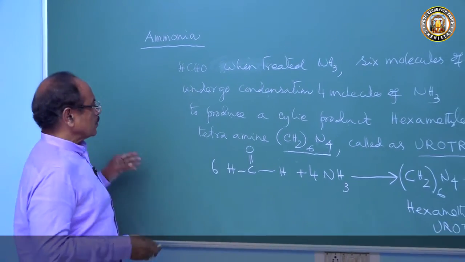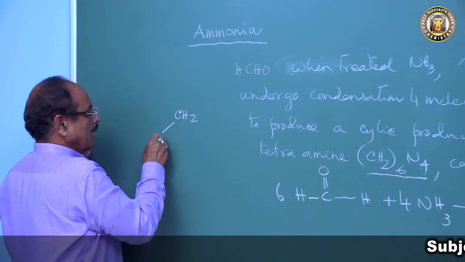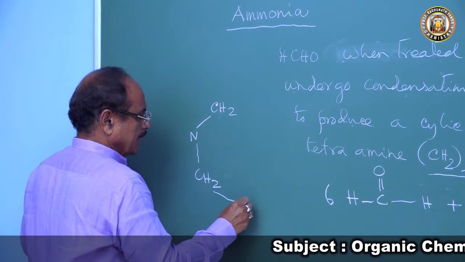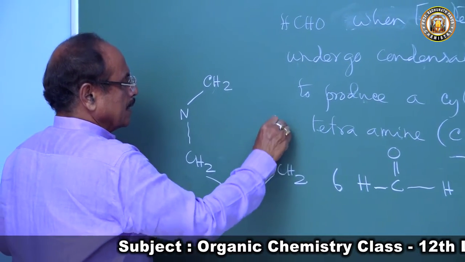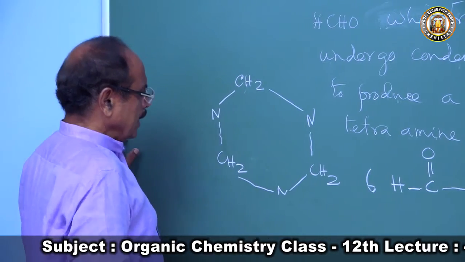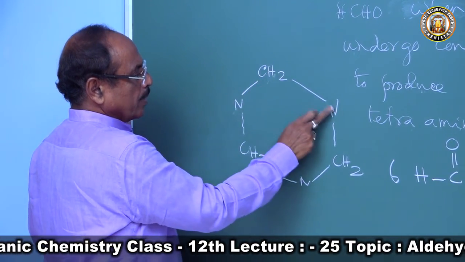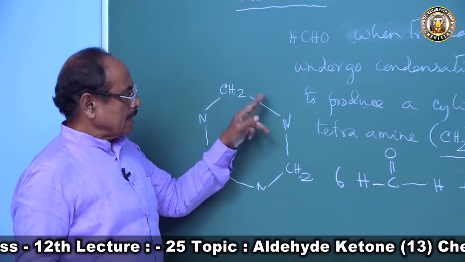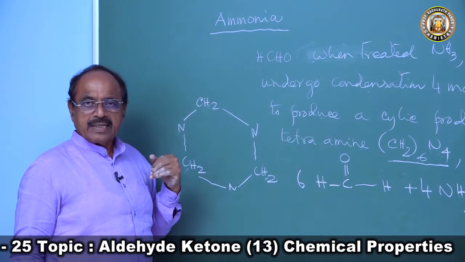So we'll write CH2, N, then CH2, N, then CH2, N. 3 methylene gone and 3 nitrogen gone. 1 nitrogen remains and 3 methylene remain.